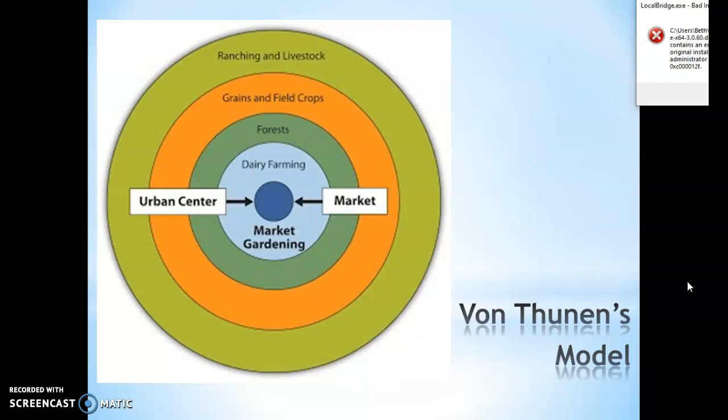We also know, though, that during von Thunen's time and for a long time after, one of the greatest costs was transportation. So transportation costs could be prohibitive, and you would want to balance them. Balance how much this land costs versus how much it would cost me to transport.